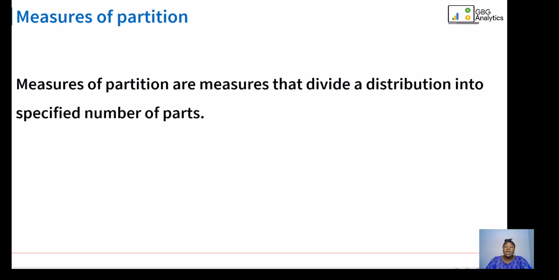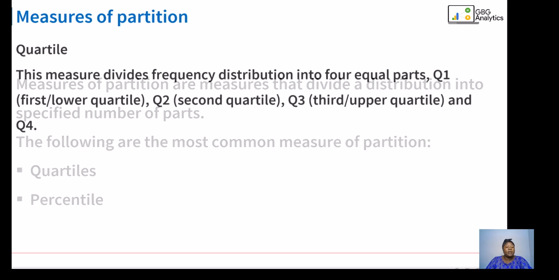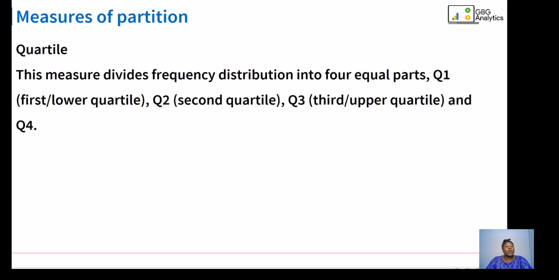Measures of partition are measures that divide a distribution into a specified number of parts. The common measures of partition are the quartiles and the percentiles. So what are quartiles? Quartiles divide the frequency distribution into 4 equal parts.